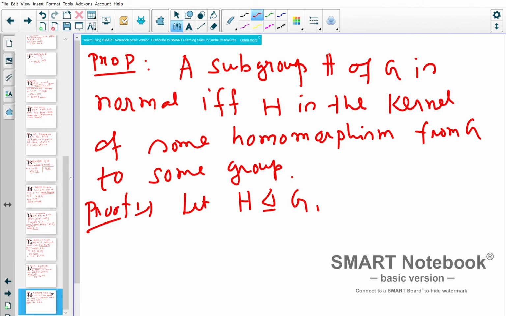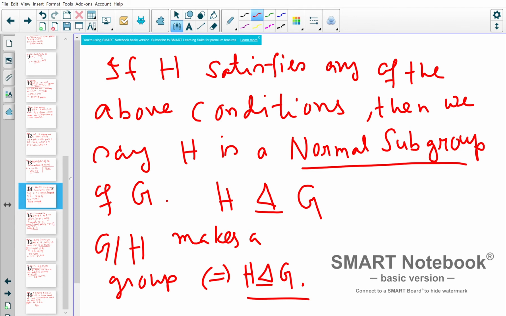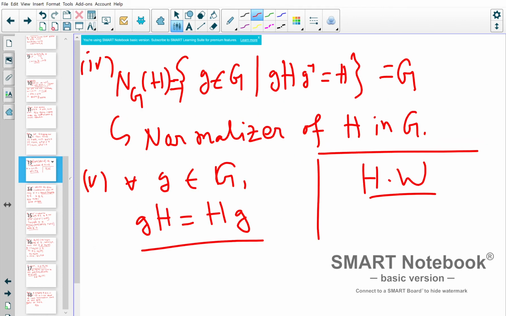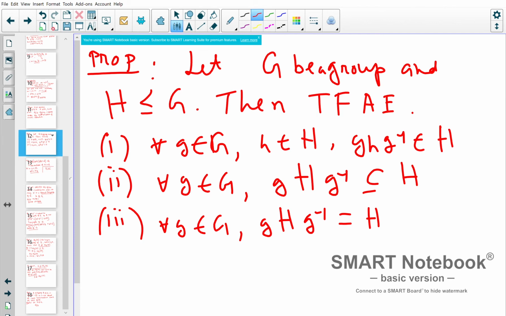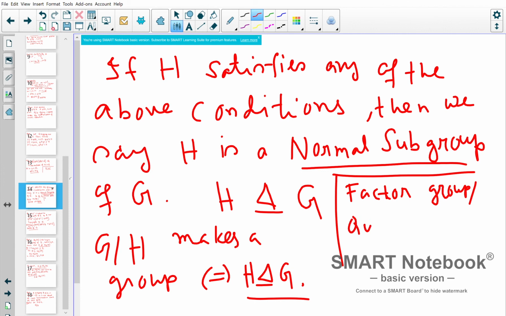Now if H is a normal subgroup of G, then we know that we have the group G mod H. This group is called the quotient group or factor group.